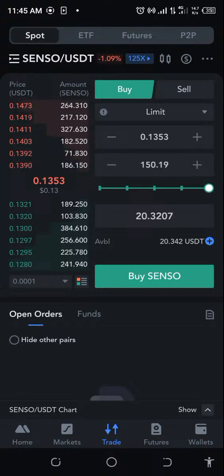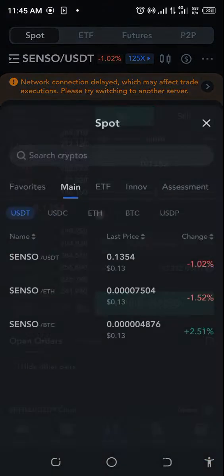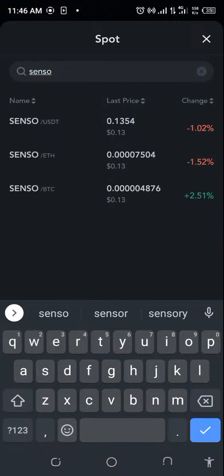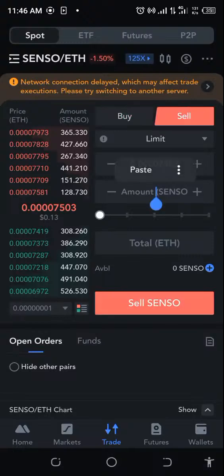You can see now it's gone down to 150.19. Okay, so let me copy this, cut that and then go to Senso ETH. Senso ETH is supposed to give us what? We're supposed to sell to Senso ETH. Let's just try this out.